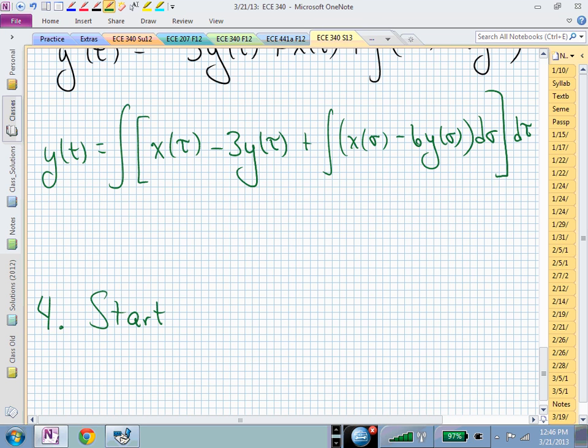If I have those, now I can build up this relationship out of x and y and some integrals and summing junctions and gain values. I want to start with y of t, the output, and x of t, and build a block diagram.